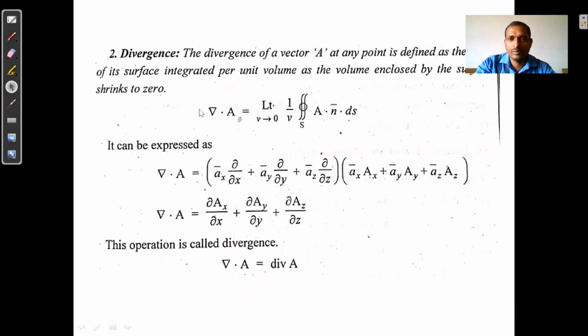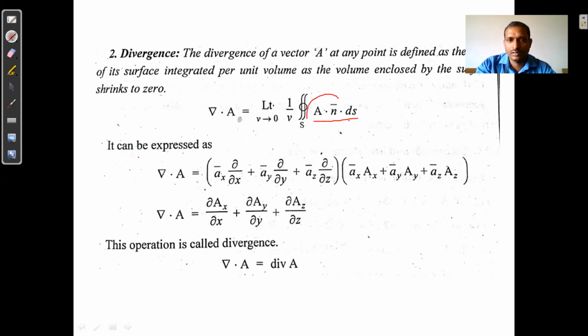So this is another possible operation, divergence. We are going to take the divergence of the vector A. Divergence of vector A at any point is defined as the normal component of its surface integrated for unit volume.